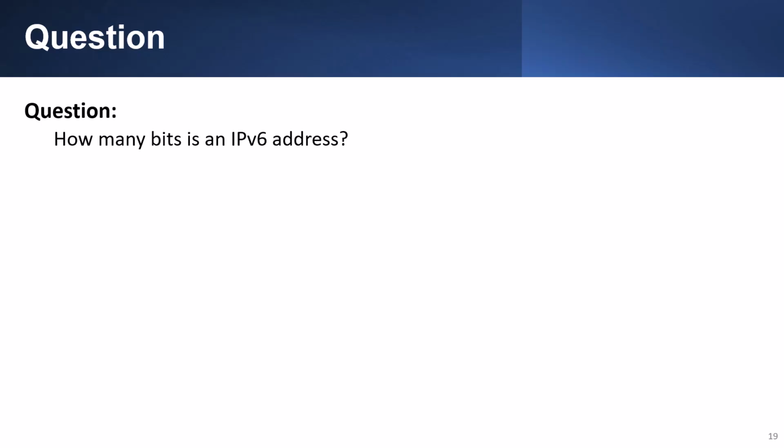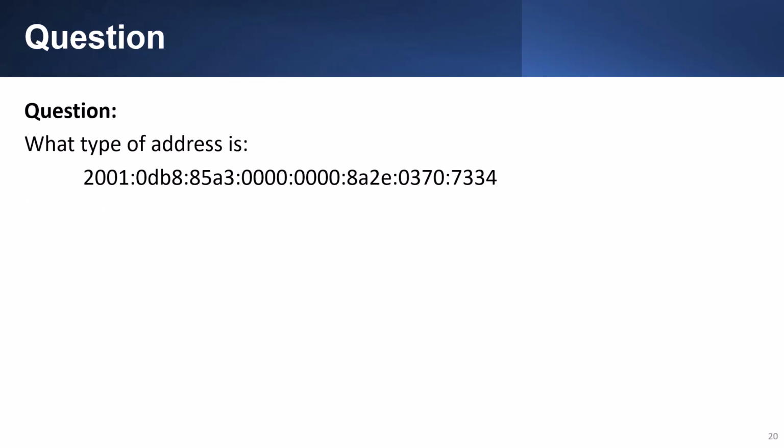Question: how many bits in an IP version 6 address? Answer: 128 bits. Question: what type of address is shown on the screen?